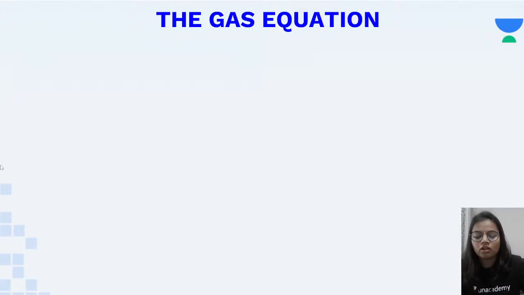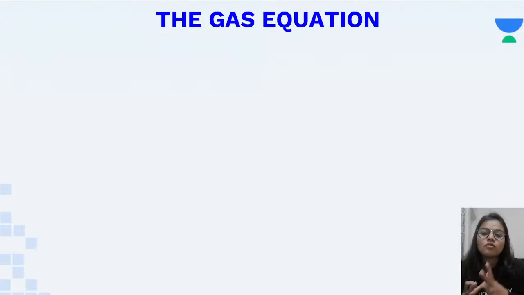Now talking about the gas equation. So what does the gas equation say? If we change both pressure and temperature of any fixed mass of gas, then what will happen?